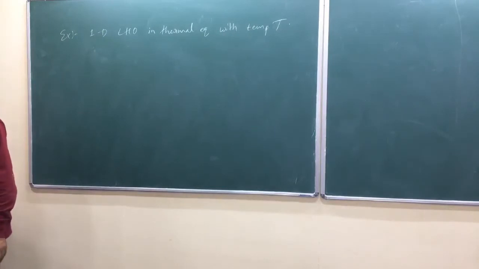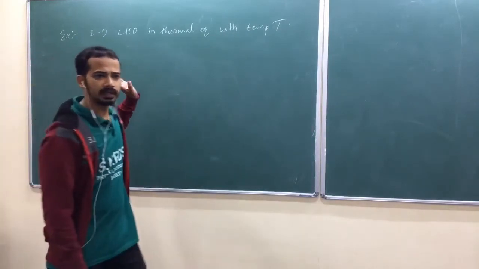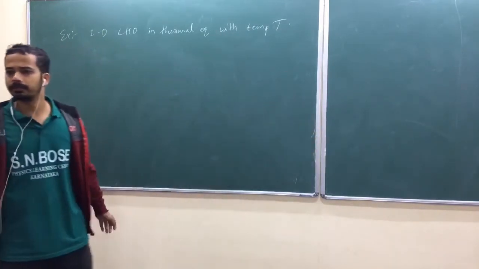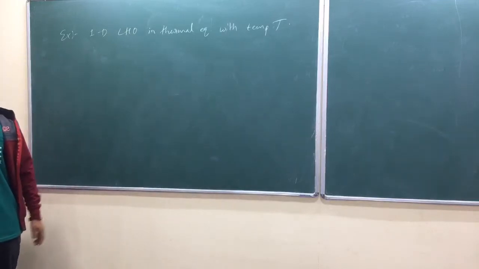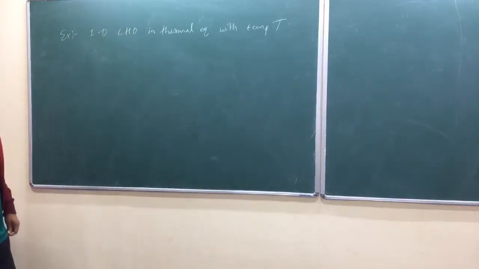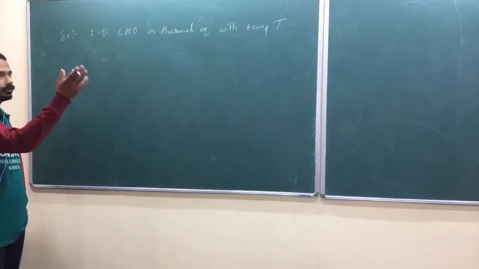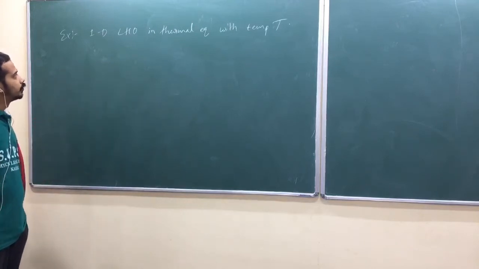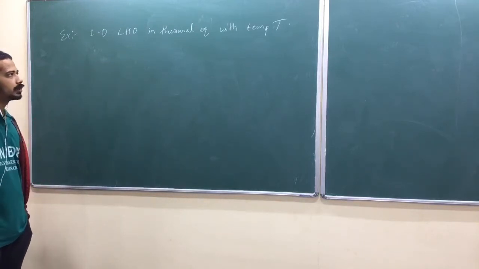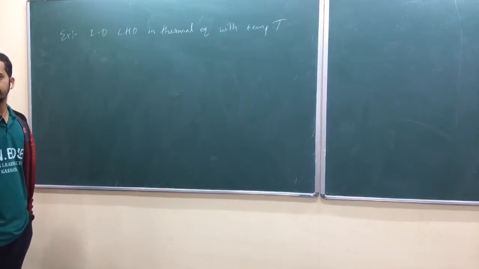I can do it for one. If there are n one-dimensional harmonic oscillators, I can multiply my average energy by n, isn't it? Let us do it for one, so that we can use that later.